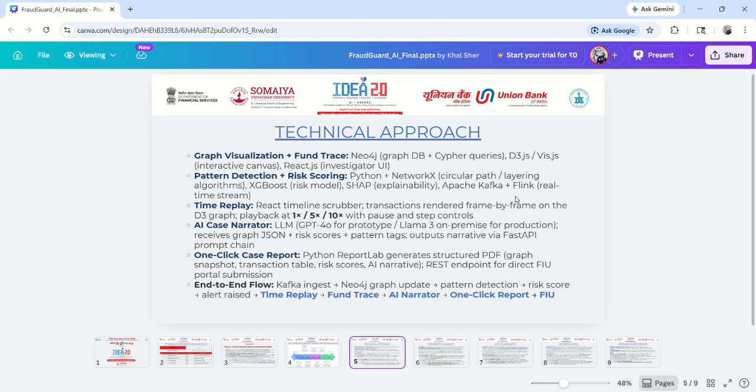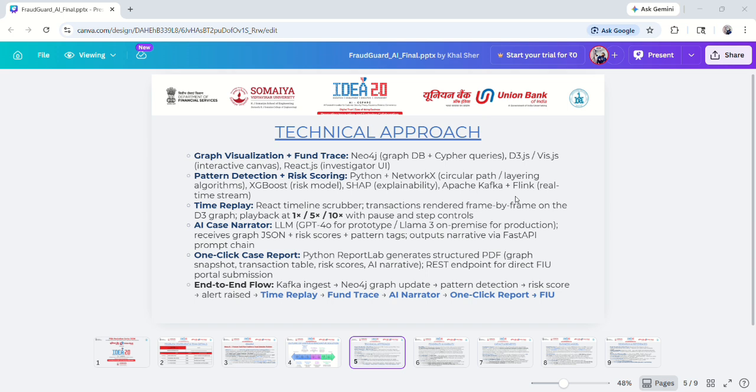By using the tools Neo4j, Cypher, D3.js and React.js, where Neo4j stores the data as a graph, Cypher finds the relationships, D3.js draws the interactive graph and React.js builds the UI. I will be explaining this in detail in the form of a diagram.